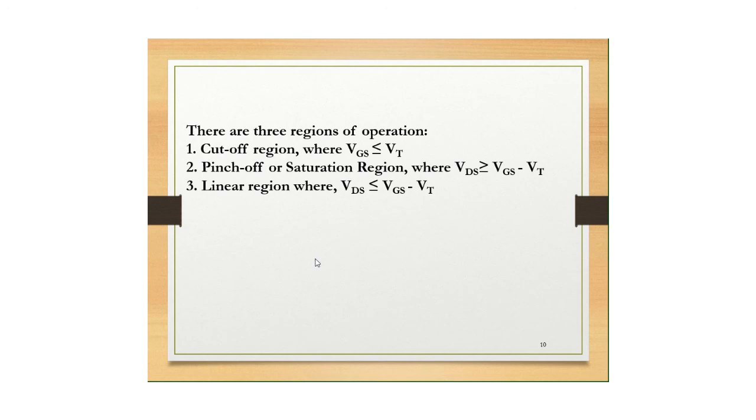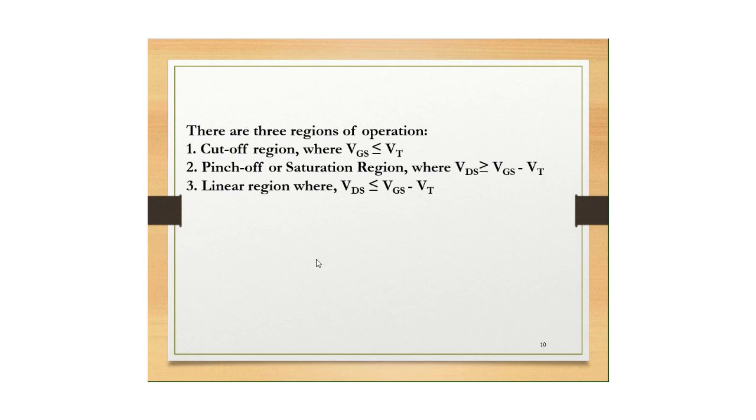All right. So these are the 3 different regions which we have to understand when we are using a MOSFET. Generally, MOSFETs are used for voltage amplification when in the saturation region or the pinch off region, where the drain current remains almost constant for any increase in the value of VDS, right?